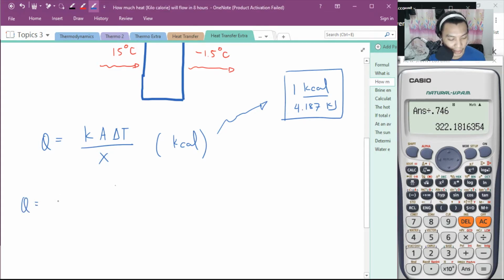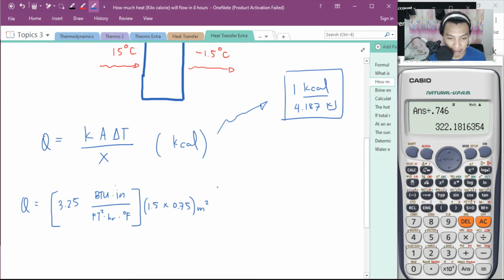kA delta T over x. Okay? 3.25 BTU inches per feet squared times hour times degree Fahrenheit. Okay. Yan yun. Now, you multiply with the area, which is 1.5 by 0.75 meter squared.